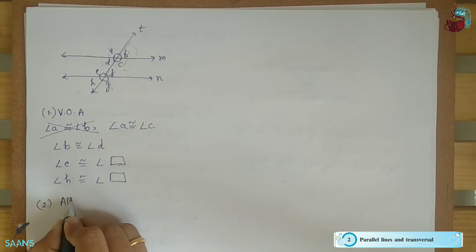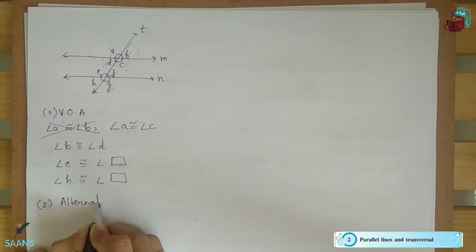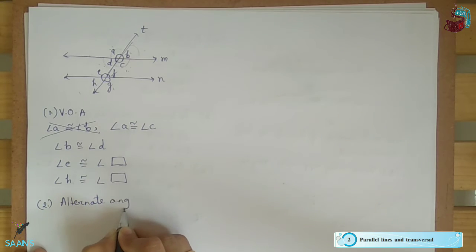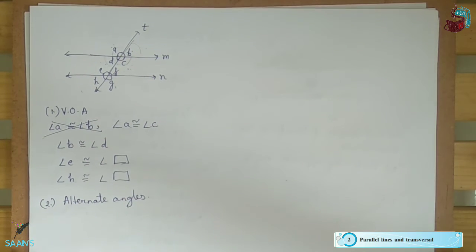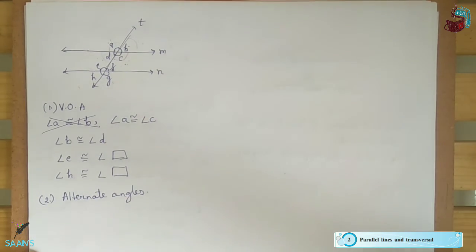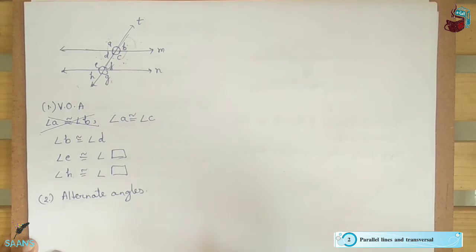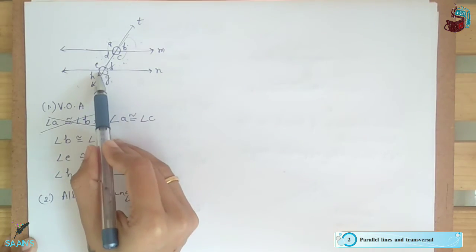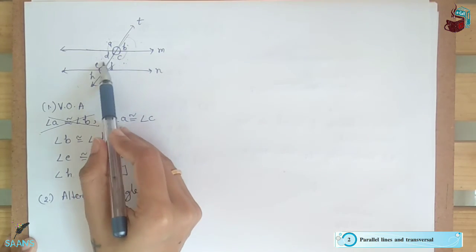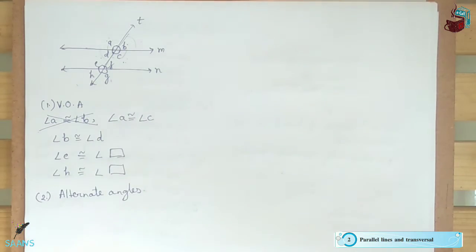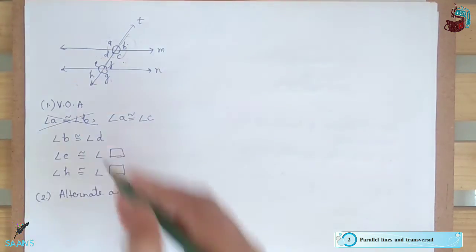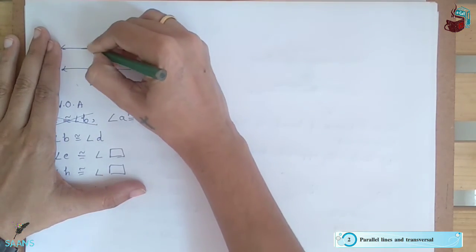Now we'll do alternate angles. Let's see in this case which are the alternate angles. As I told you, wherever you can see the Z. Okay, Z. Now the Z is somewhere here. Let me highlight.